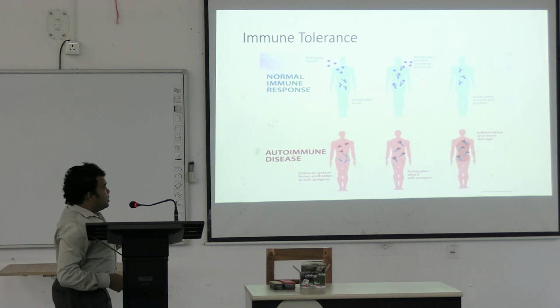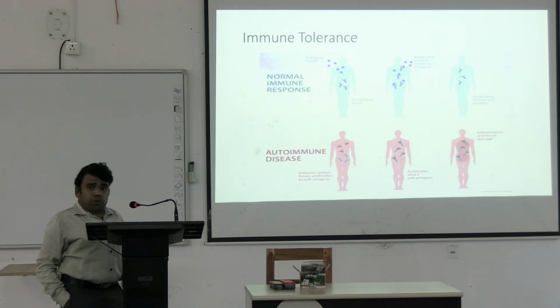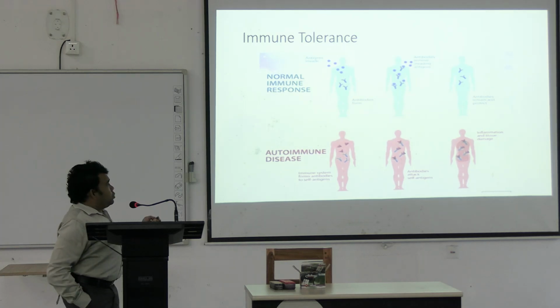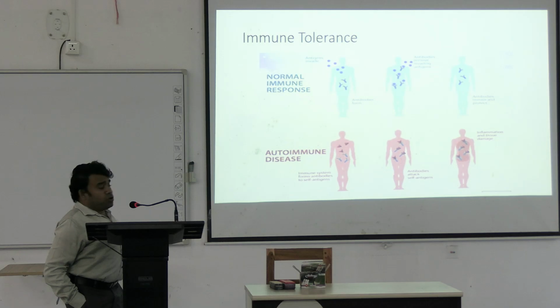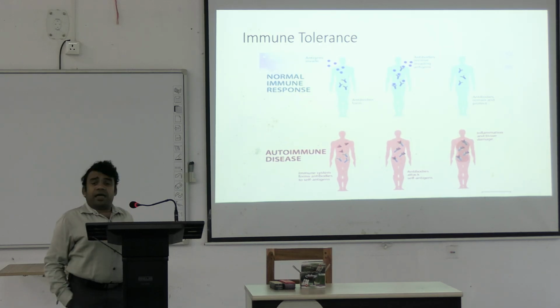For example, as you can see in this picture, suppose this is the normal immune response. The pathogens are exposed, antibodies form, the antibodies will get rid of the pathogen or the antigens and the body will go back to its homeostasis.